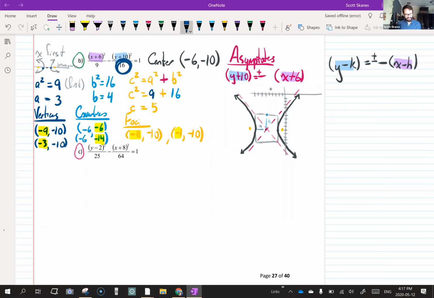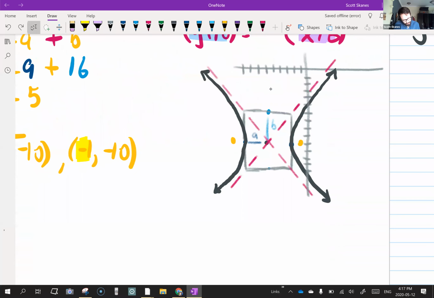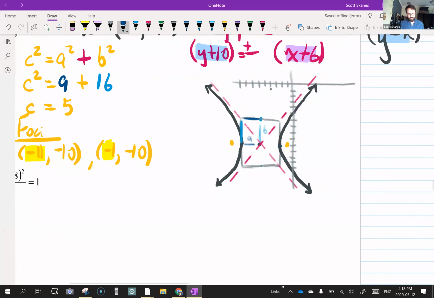This number, what is it? 16, that's under the y, that's the one that goes on top. Rise is the y-related value, in this case, the a. And then on bottom is the x. Rise over run. Or in other words, the asymptote should be up by a and over by b is the idea.